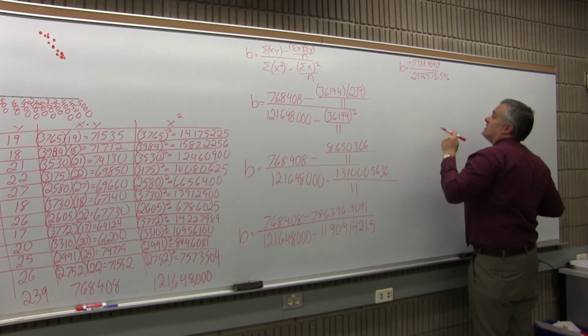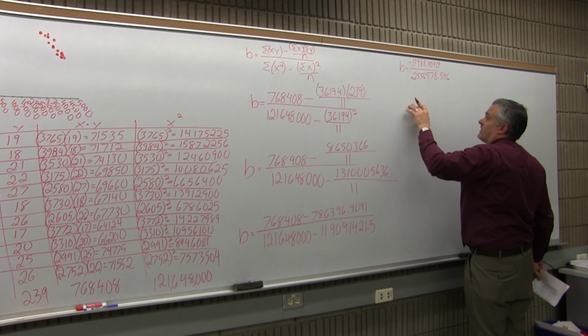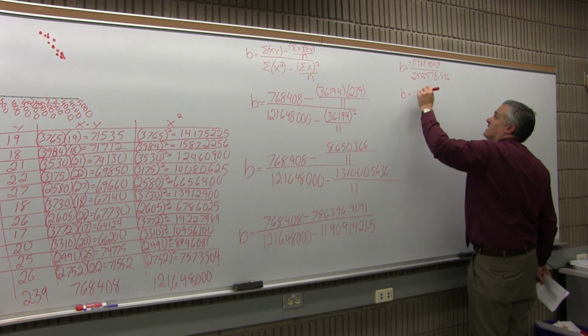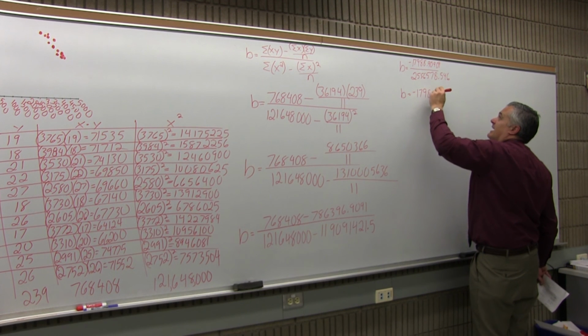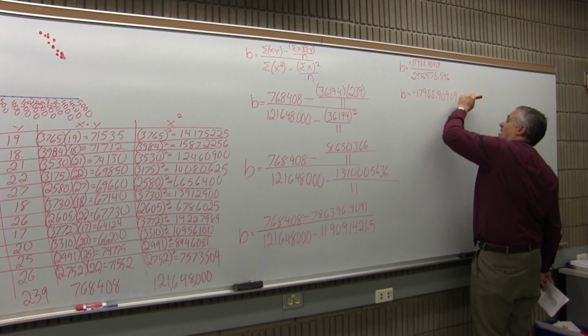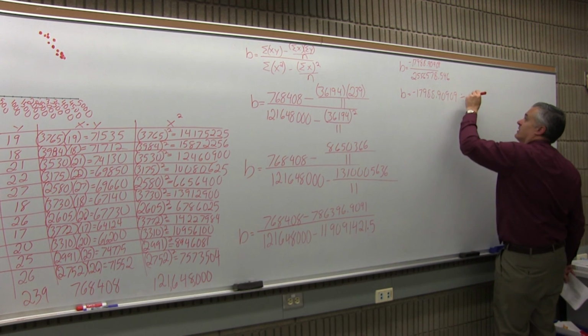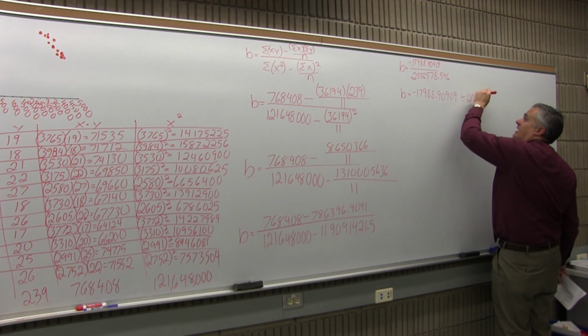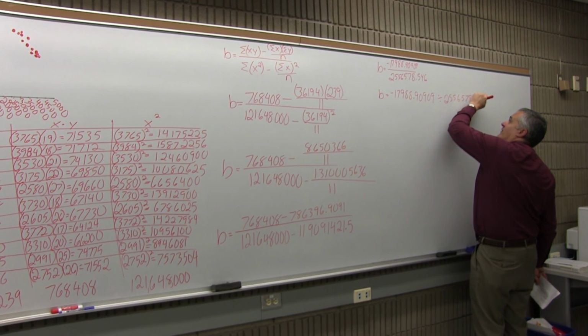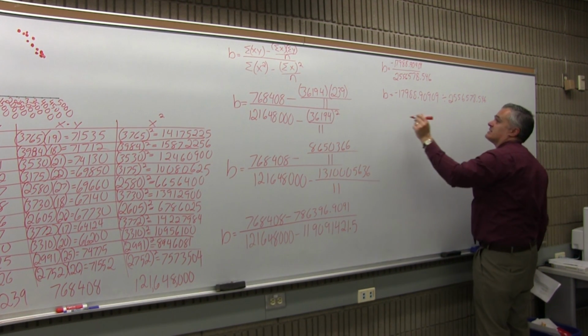2,556,578.546. So now to finally finish off the value for b, I'm going to do b equals negative 17,988.90909 divided by, you'll definitely have to do this with a calculator, positive 2,556,578.546.